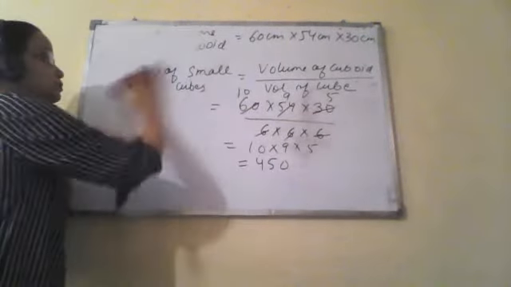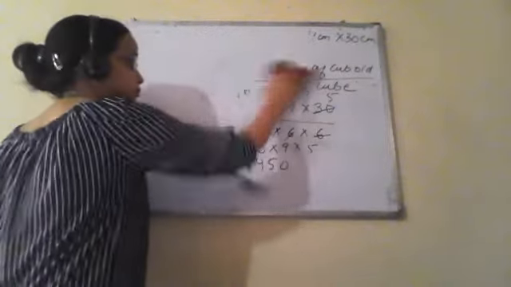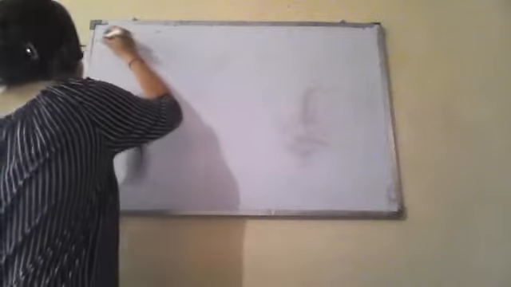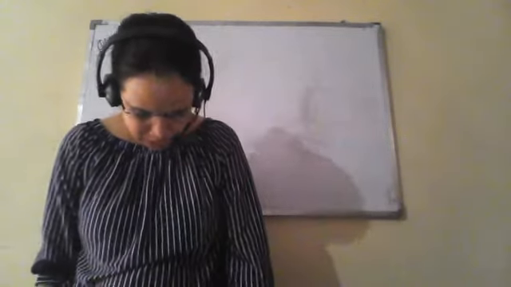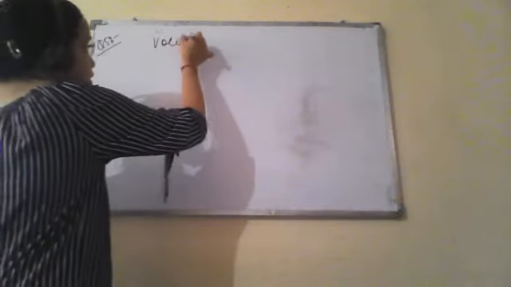Now next question. Question number 5. Find the height of the cylinder whose volume is 1.54 meter cube and diameter of base is 140 centimeter. Clear? So volume of cylinder is given.